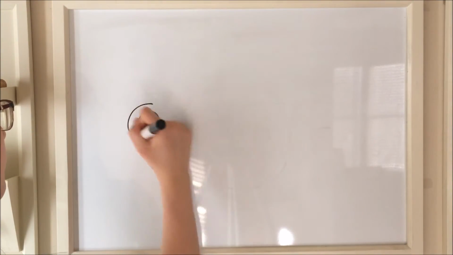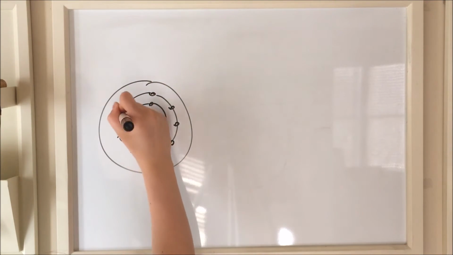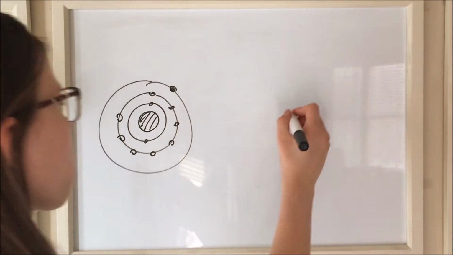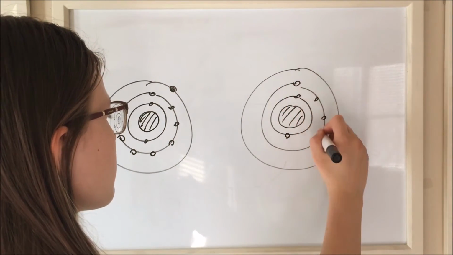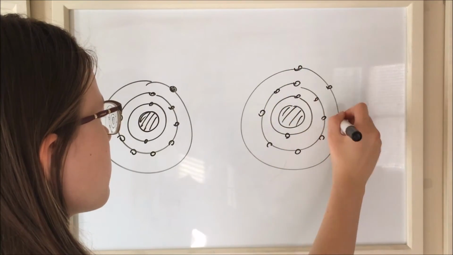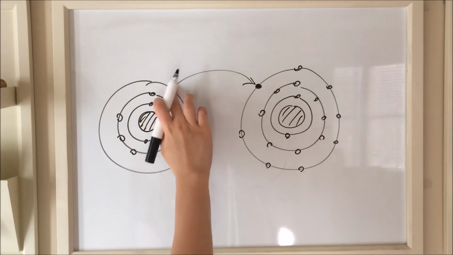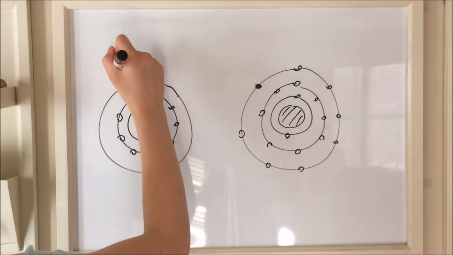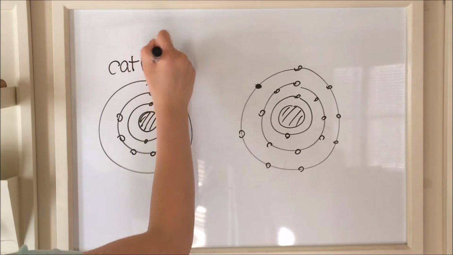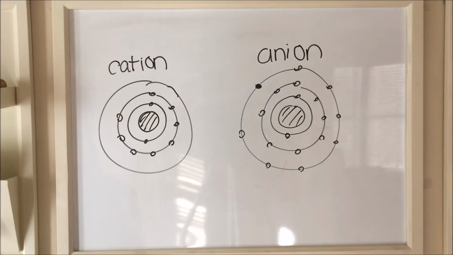Now let's put these two together. On the left is a sodium atom with, of course, 1 valence electron, and on the right is a chlorine atom with 7 valence electrons. Let's say the sodium atom donates 1 electron to the chlorine atom, and now the sodium atom becomes a cation, and the chlorine atom becomes an anion.